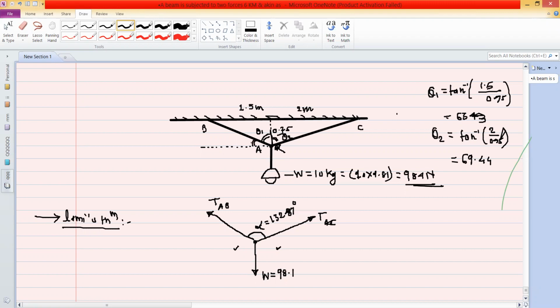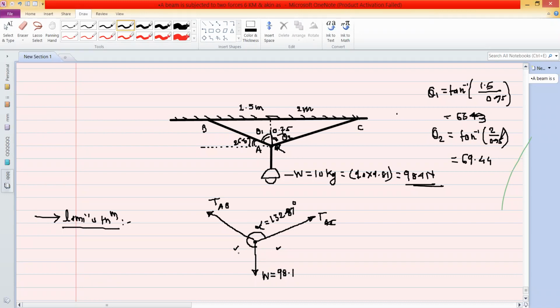So this small angle is equal to 90 minus 63.43, which is 26.57. And then the total angle between AB and the vertical line is 90 plus this 26.57. So it is equal to 116.57.